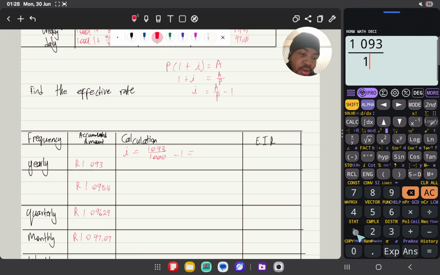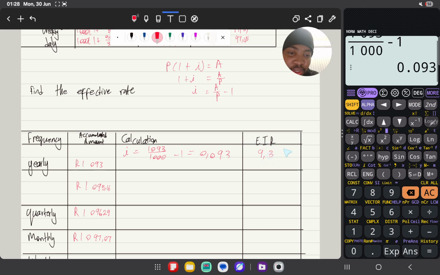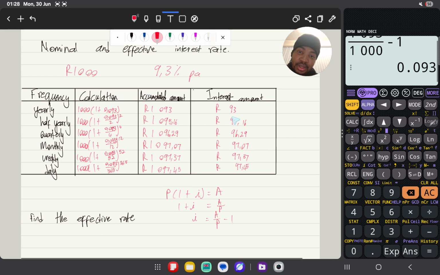1093 divided by 1000 minus 1, we're getting 0.093, which is exactly 9.3%. You see now, for compounded yearly, if the frequency was yearly, the interest is the same, right? 9.3%.